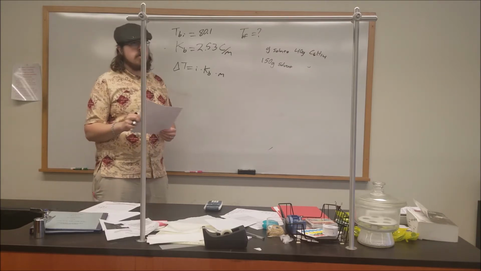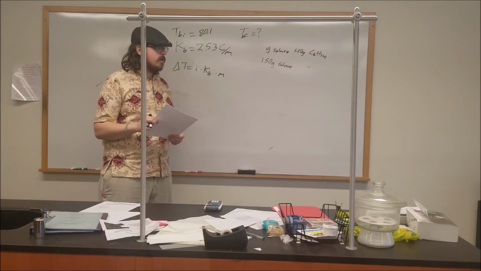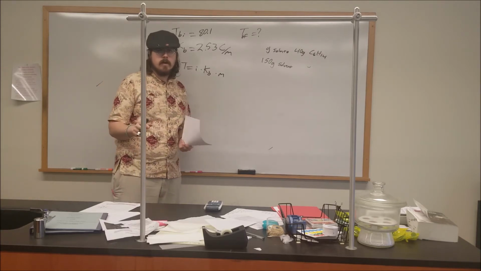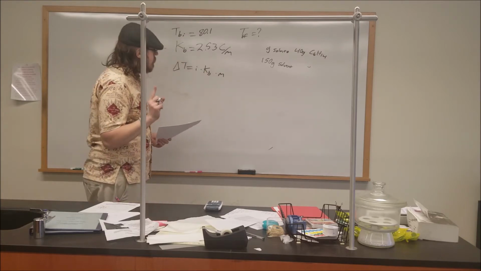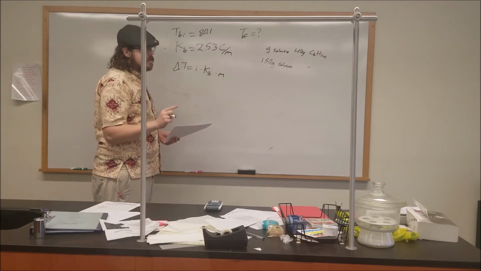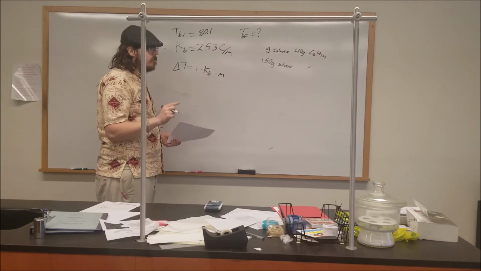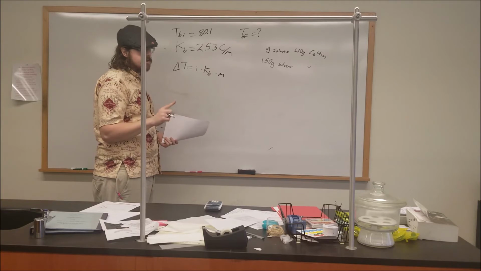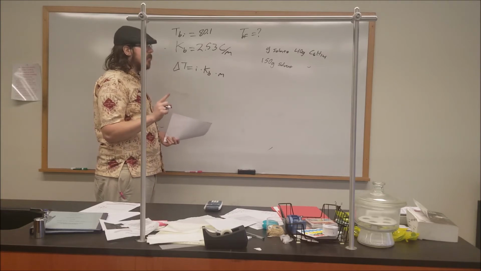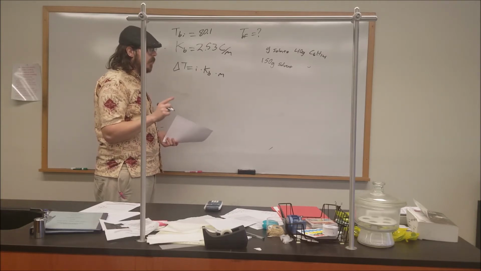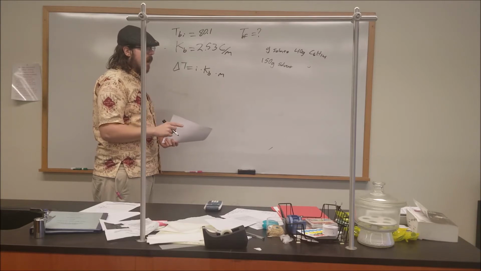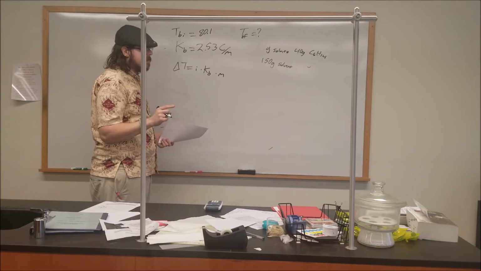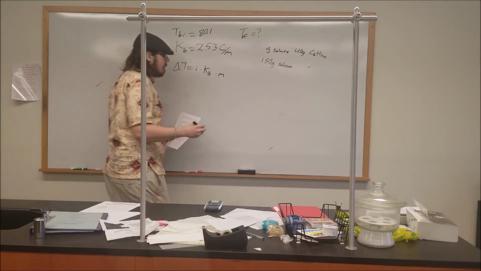In the case of organic molecules, it is always 1. You dissolve hexane into benzene. How many pieces does each hexane molecule break into? It doesn't break apart. Any organic molecule will not really break apart. Only ionic bonds will break down. So we do not have to worry about this, and i will be 1 for this experiment.